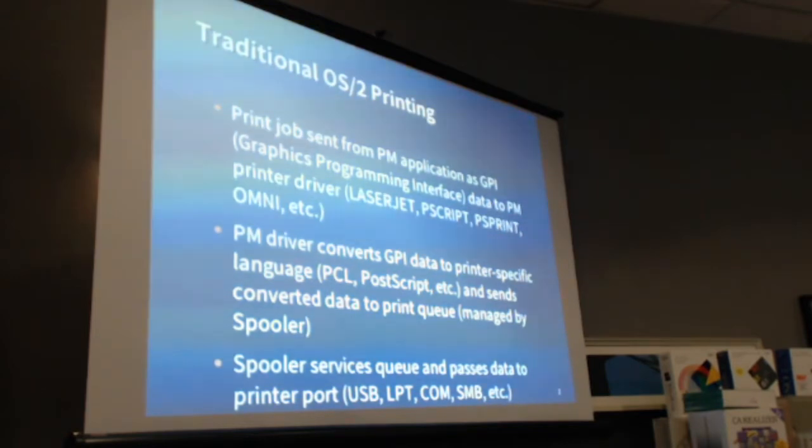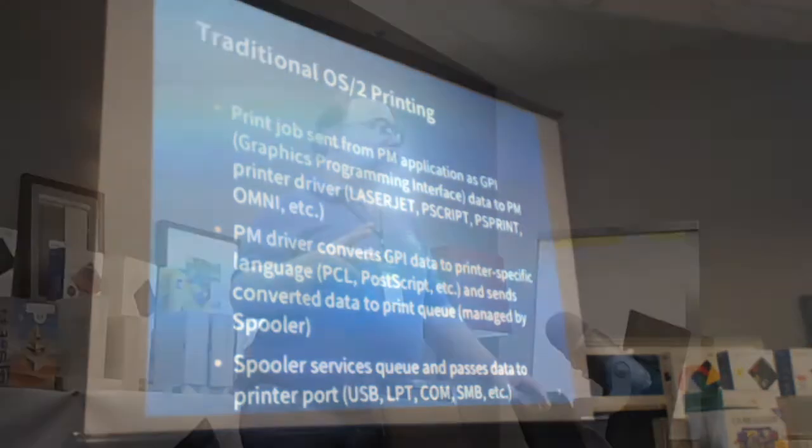And then the print driver drops that converted data into the print queue that is specified for that particular printer. And print queues are serviced by the spooler. Anyone ever see the message that comes up, print spooler disabled, printing jobs directly, when the print spooler crashes? In that case, what's happening is that there is no manager for the print queue. The data is just sent to the printer directly.